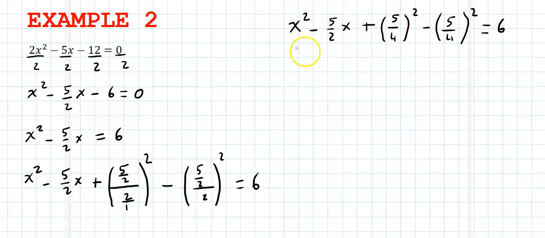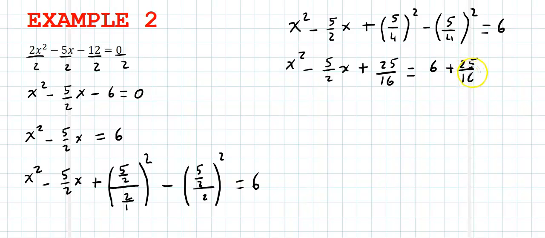Now we are going to isolate the perfect square trinomial, that is x to the second power minus 5 over 2x plus 25 over 16 equal 6 plus 25 over 16. On the left side, we can factor the polynomial: x minus 5 over 4 to the second power equal.